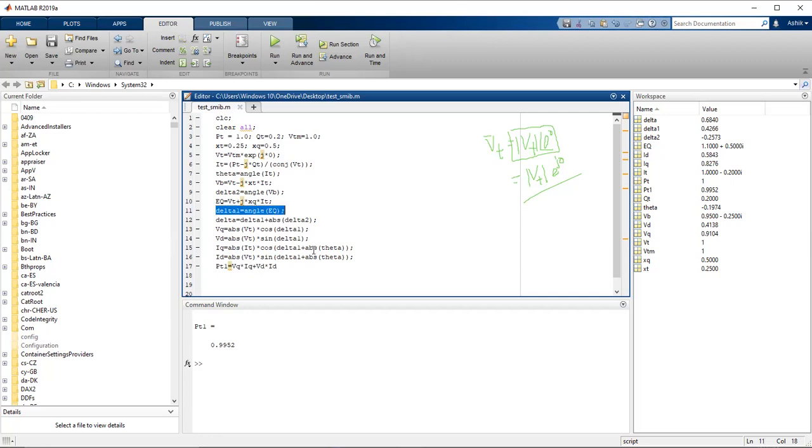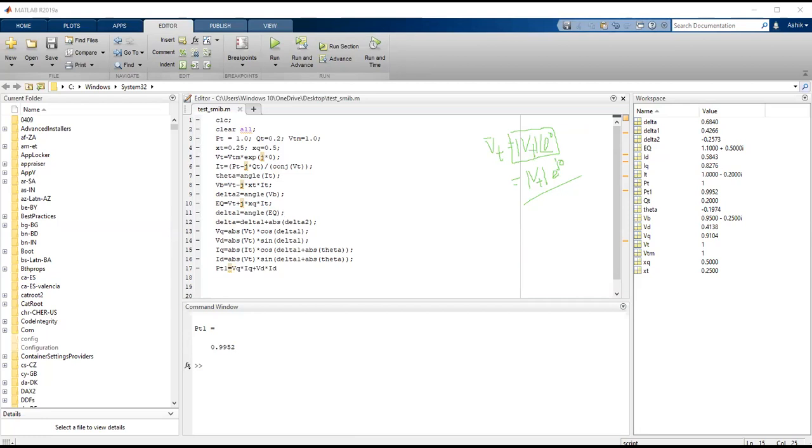Sorry, it's okay. Okay, let me check. I'm just checking back the phasor diagram. So EQ is done, VQ is VT cosine delta 1.